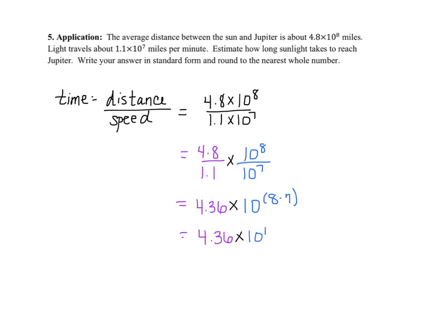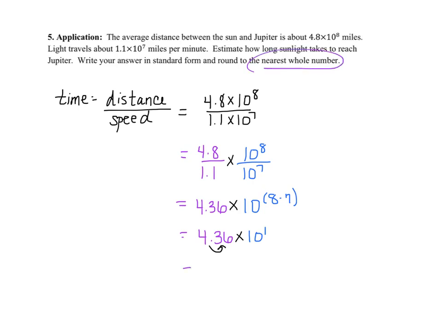Okay, so let's go back and read what the question's asking us. Write your answer in standard form and round to the nearest whole number. Well, this is scientific notation, and we want to write it in standard form. So we have 10 to the first power, so that means we're going to move it one spot to the right. And it's asking for your nearest whole number.